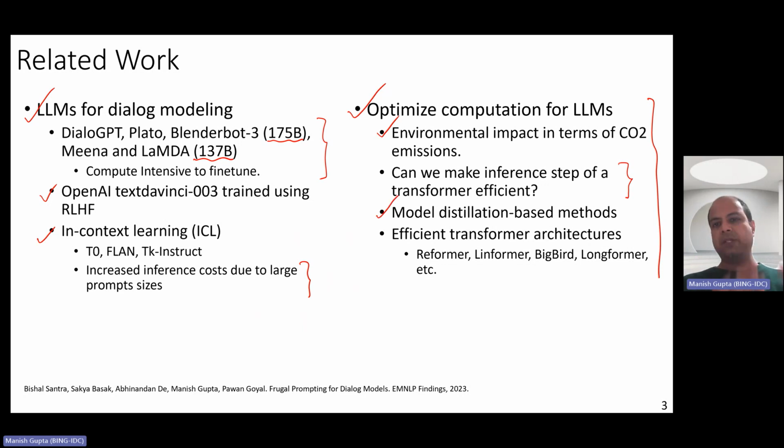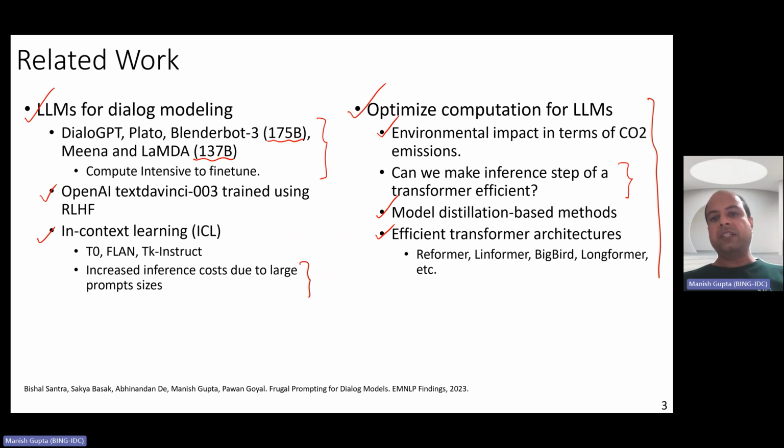You have a large teacher and a small student that tries to have as much accuracy as possible, but since the student is small, the inference cost is smaller. The second is to use efficient transformer architectures like Reformer, Linformer, BigBird, and Longformer, which try to reduce the quadratic complexity to something closer to linear complexity, so as to reduce the overall inference costs.